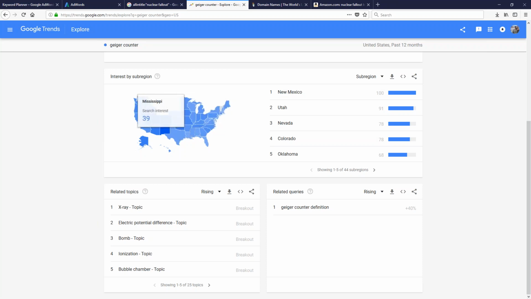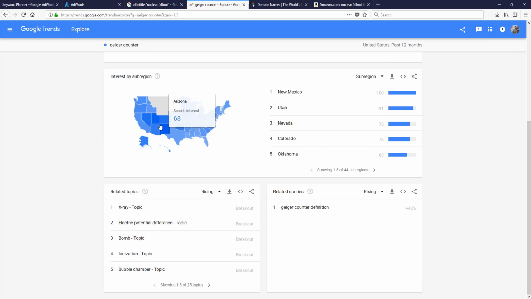You can figure out, though, where people are that are actually interested in this kind of thing. So people that live in the Southwest, they might have different terminologies. They might have different purposes that they want to use these products for.